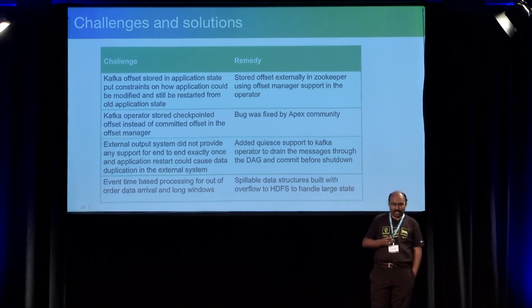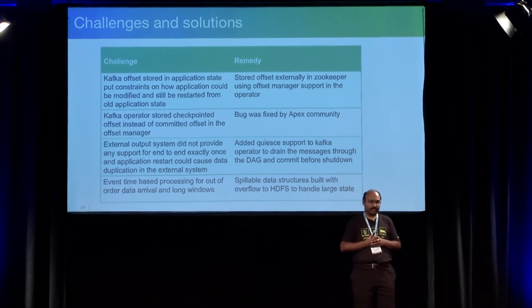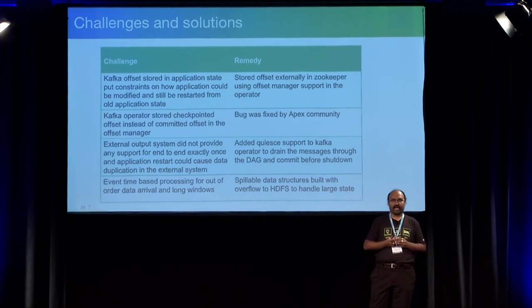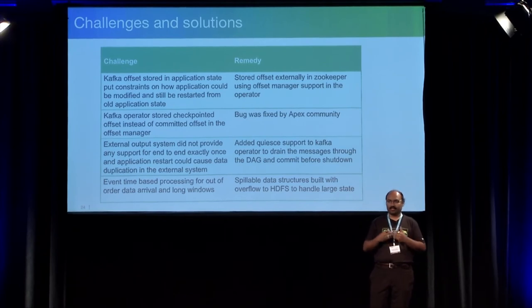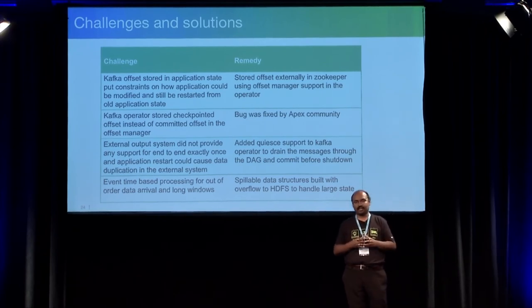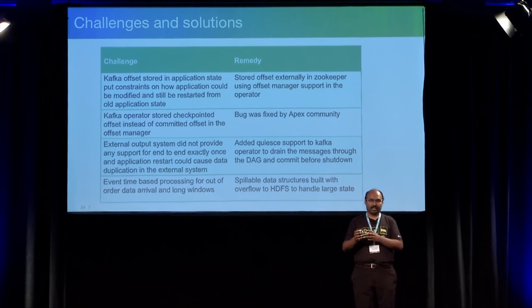And the external system that we were writing to for the usage metrics did not support any transaction semantics, so we had to implement end-to-end exactly once for that. Let's say we are writing to this external system in an operator, the usage of how much a customer has been using the system, and that node went down. Then the operator will restart from an earlier checkpoint, and it'll reprocess some data.